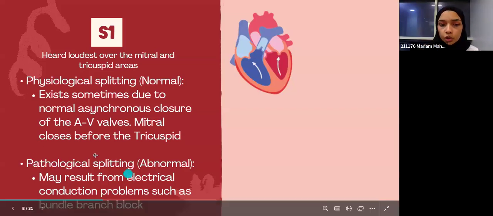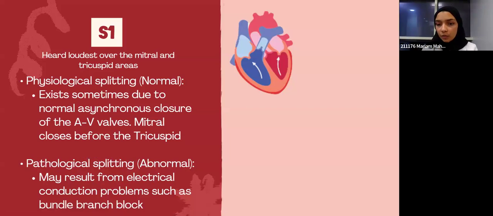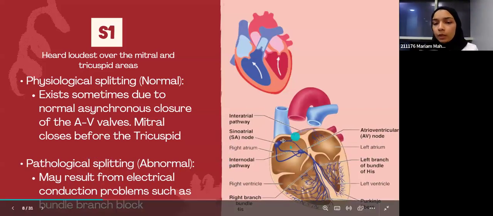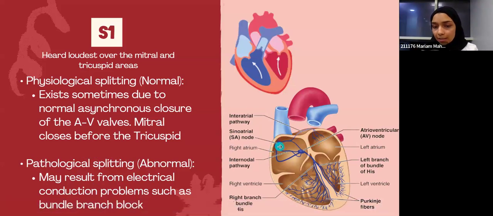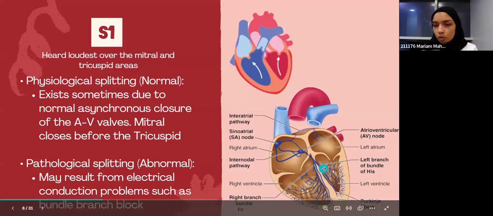And then there's a pathological splitting, which is abnormal. This might happen because of electrical conduction problems. So basically, there's the conduction system of the heart, which is here. You can see there's the SA node, and then it goes to the AV node, then the bundle of His, then the right and the left bundle branches.